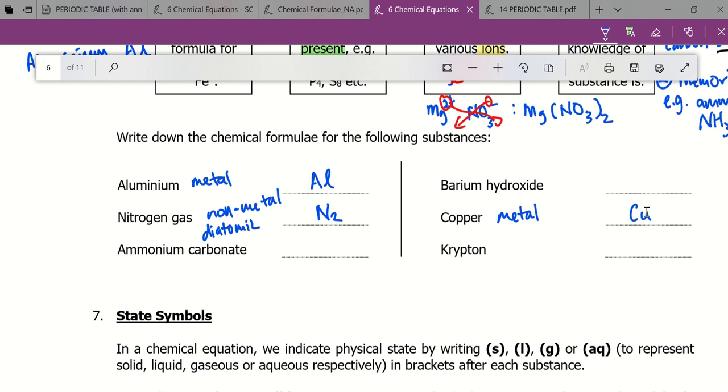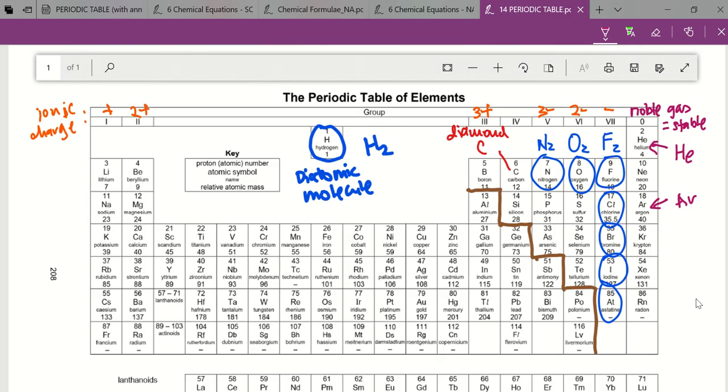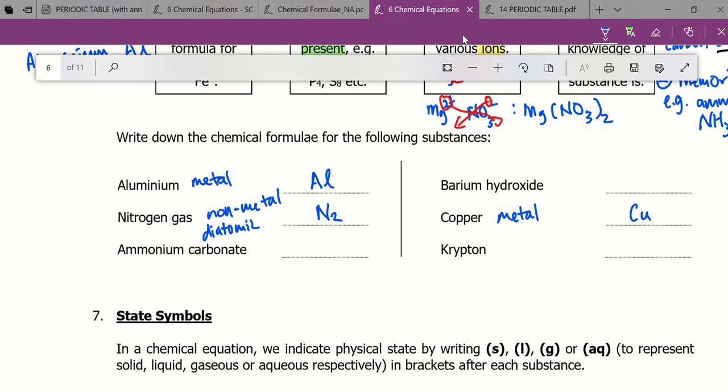Krypton. Where is krypton? Krypton is a noble gas over here. So noble gases are monatomic. Noble gases are stable on their own. They don't bond with anything else. They are monatomic, which means there is only one atom inside. So it will just be Kr.